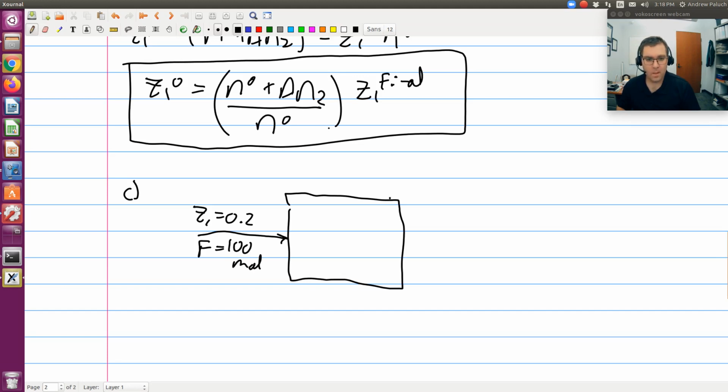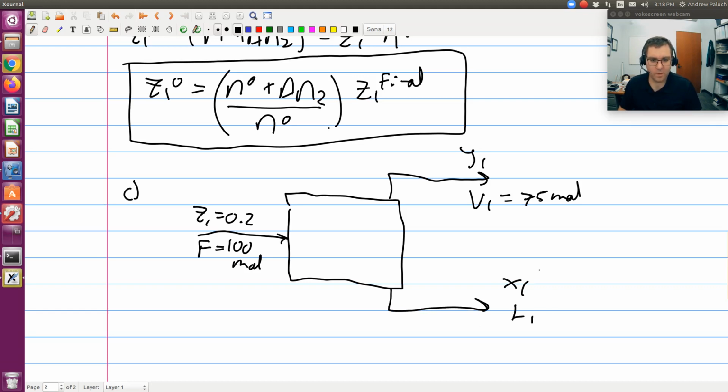Off the top, we're going to have some V, and we're told that V is 75. Coming out the bottom, I'm going to have some X, and then L. In theory, we could just write down 25 moles, since that's our total mass balance. So if I use my total mass balance, I could just write down that L is 25 moles.